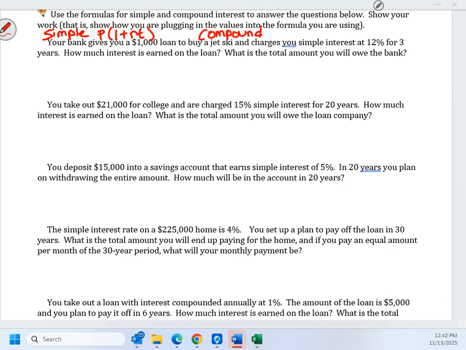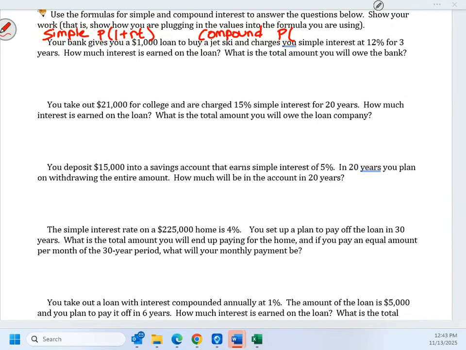Who can tell me the formula for compound? Ellen? P parentheses interest plus rate. Not interest. There's no I. Remember, that's the number 1.